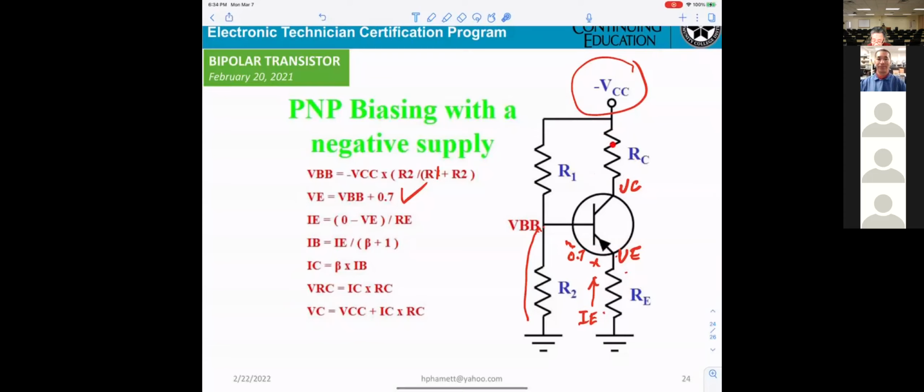Let's see, VRC right here will be IC times RC. That's correct. VC, that means from here to the ground, will be VCC minus IC times RC.